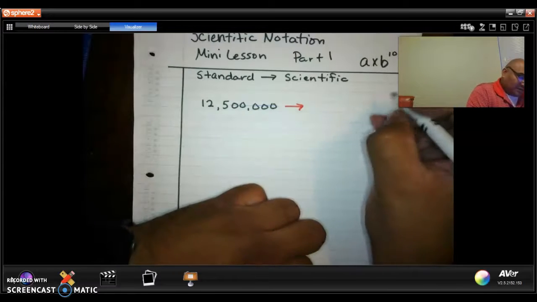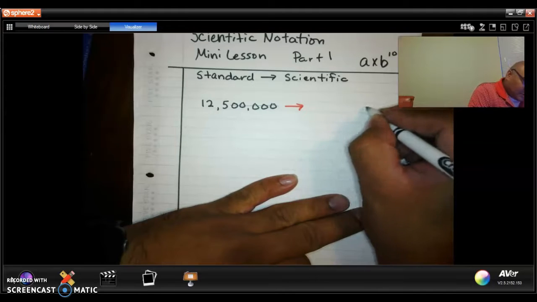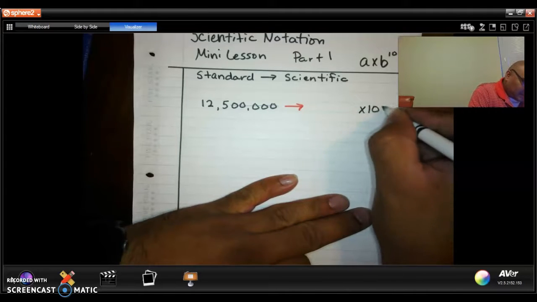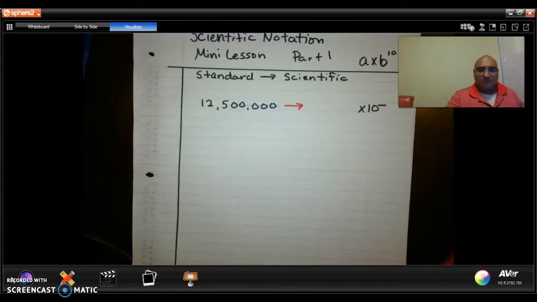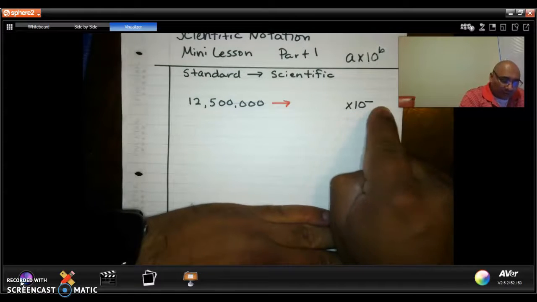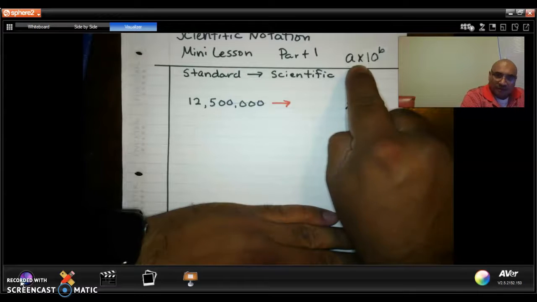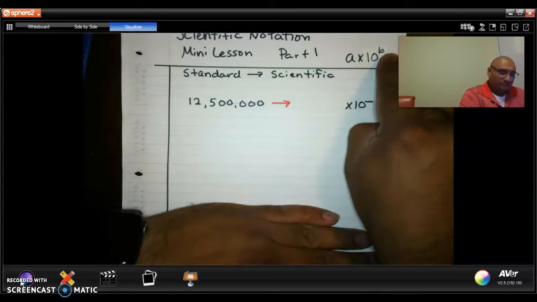So with that being said, I'm going to have times 10 to a certain power. And I did say times 10 to a certain power because in the formula, it's always going to be times 10 to a certain power.